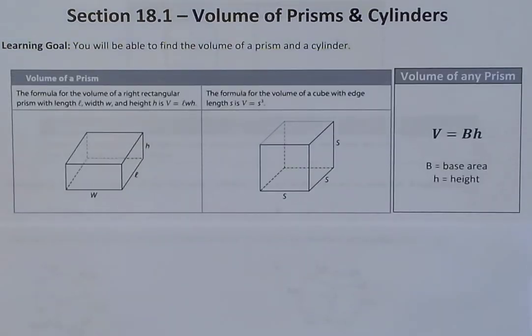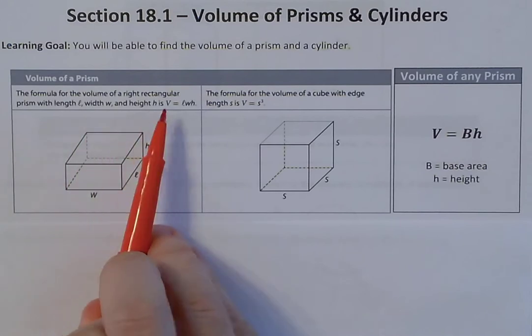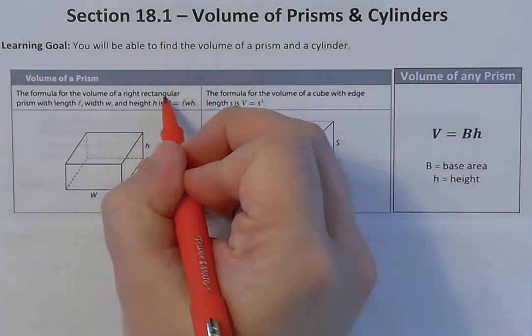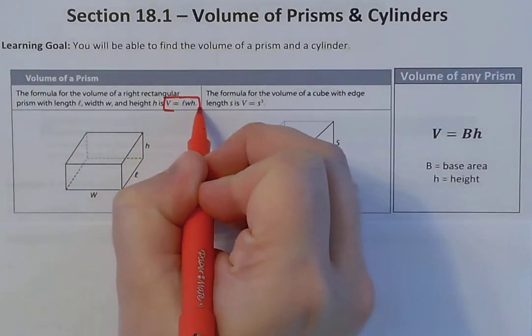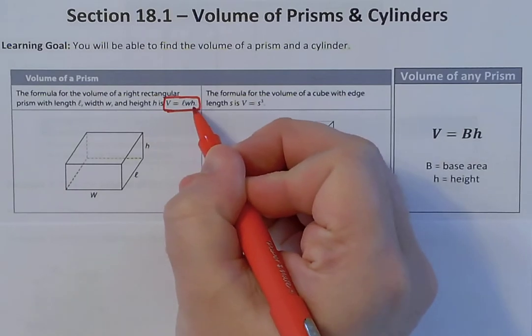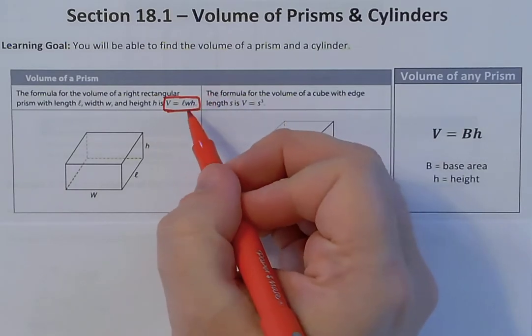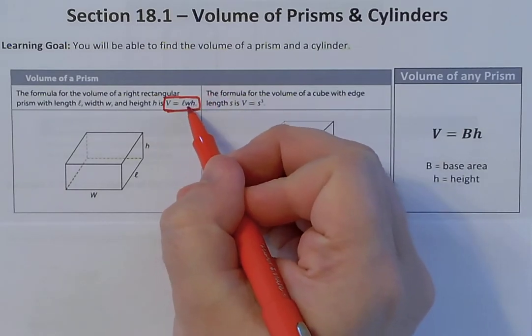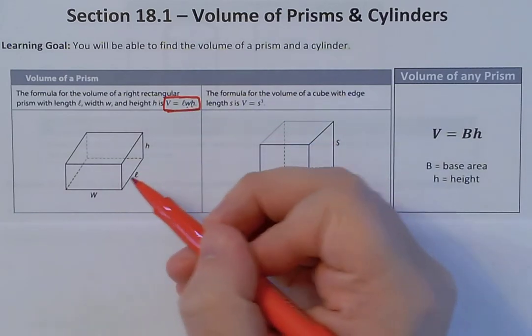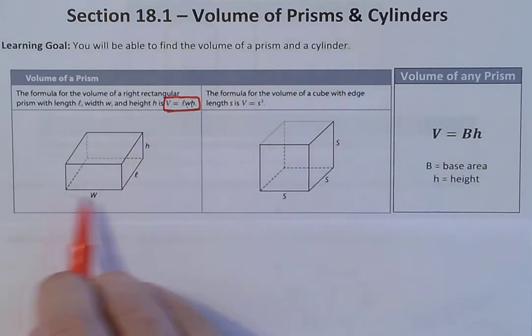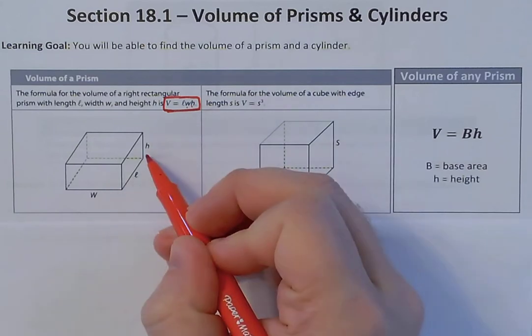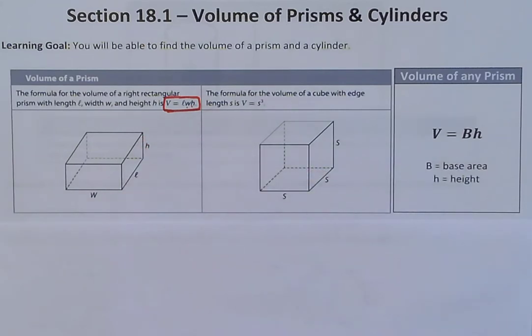All right, to find the volume of a prism, specifically a rectangular prism, we're going to use this formula right here. Volume equals LWH, which stands for volume equals length times width times height. So we have to figure out the length and the width of the base and then multiply it by the height.